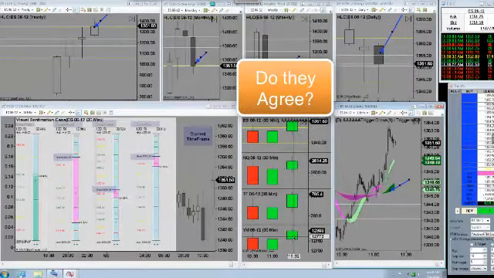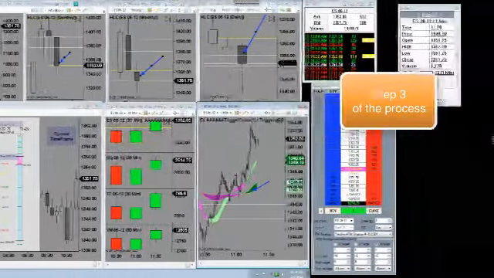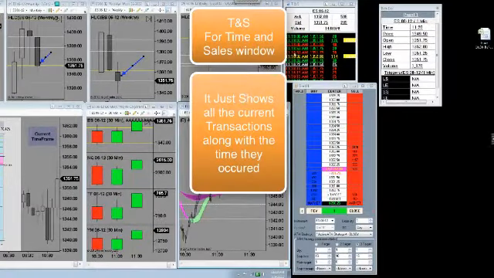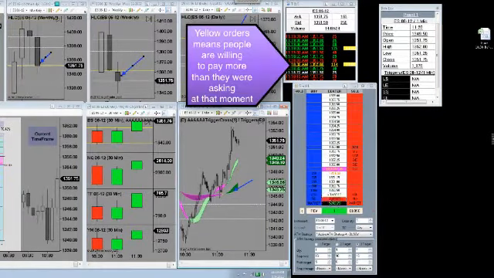You look for agreement, and then step 3, you look for the triggers to be green and heading up, and then we use this time and sales window. In time and sales, we're looking for simply a yellow order coming through, and I'll explain that sometime later. And that's the reason why I got into that trade.